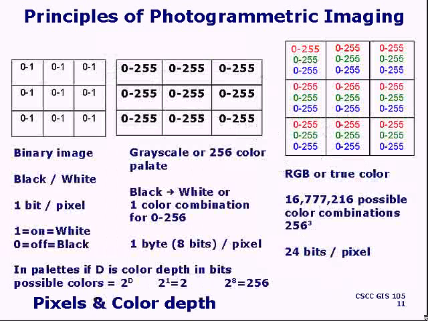Well, how does that work? Why is it like that? If we start with the simplest, the binary image, you can see that each one of those addresses only has 2 possibilities. 1 bit, we're not talking bytes here, 1 bit, 1 binary switch, 0 black off, 1 white on. So everything has to fit into those 2 possibilities.